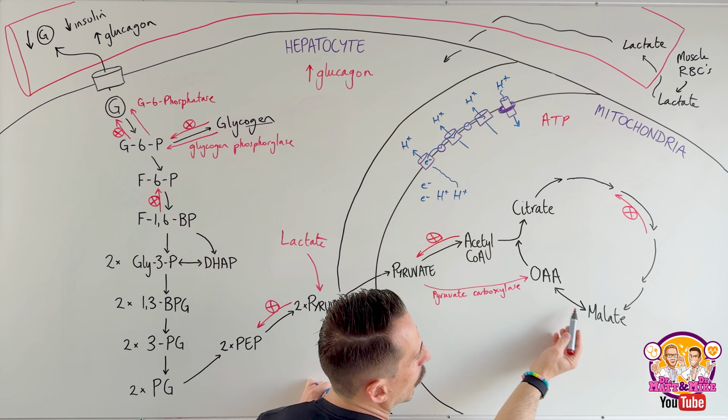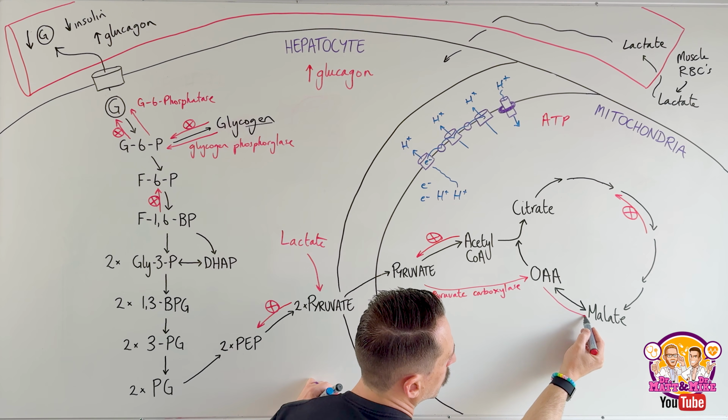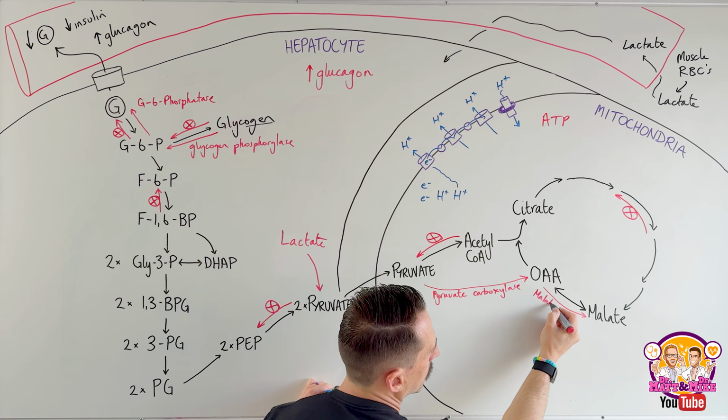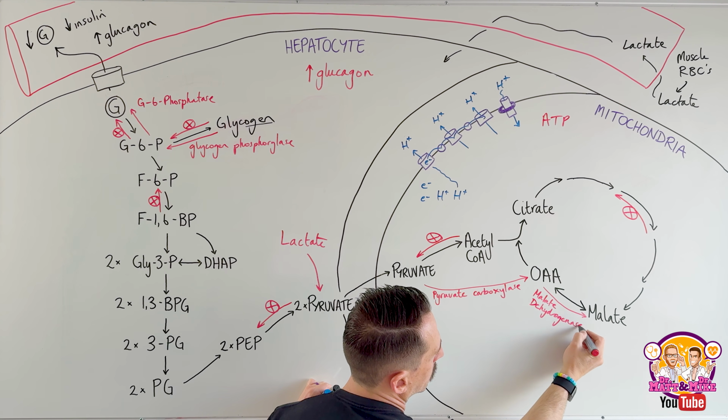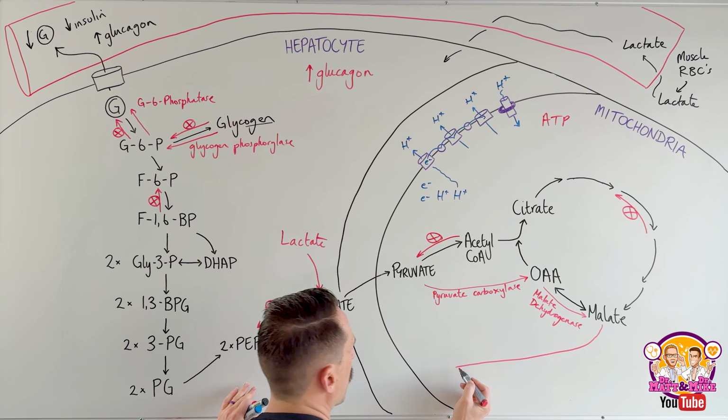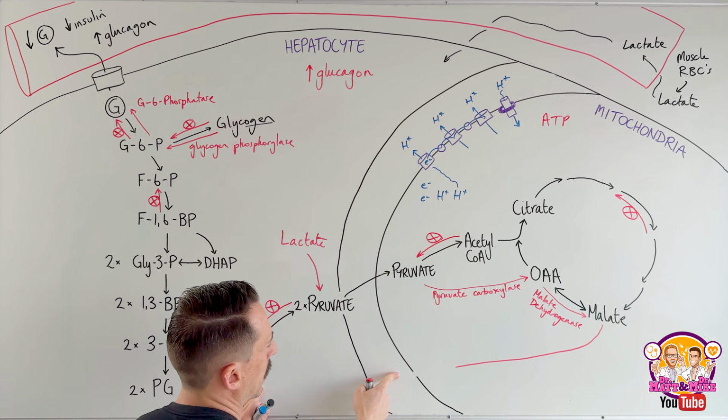Oxaloacetate, remember, can go backwards to malate. So it goes backwards to malate using an enzyme called malate dehydrogenase. Now here's the thing, malate leaves the mitochondria, and you might think, well, why didn't just oxaloacetate leave the mitochondria?